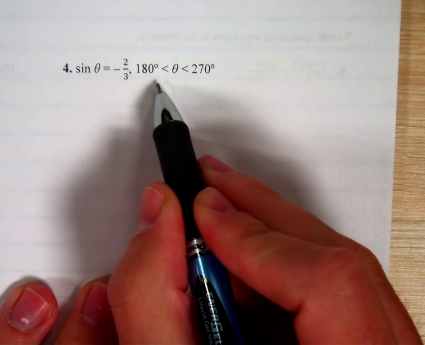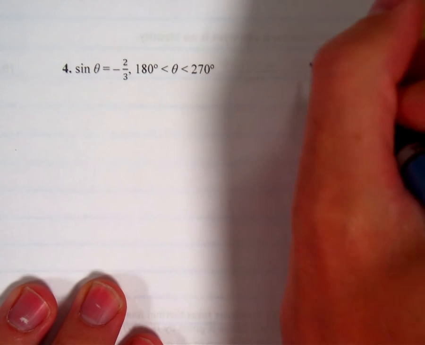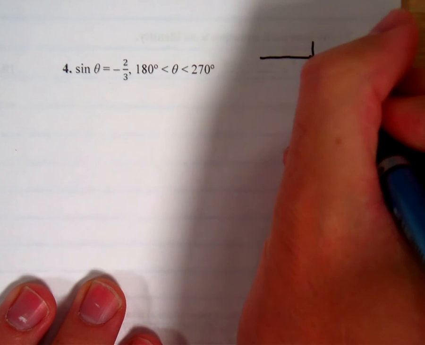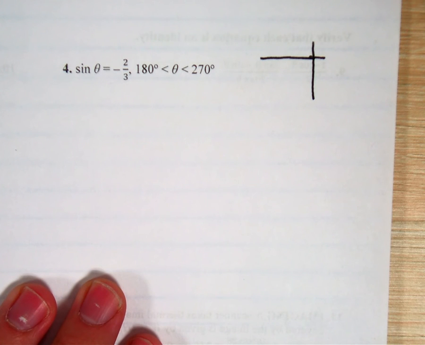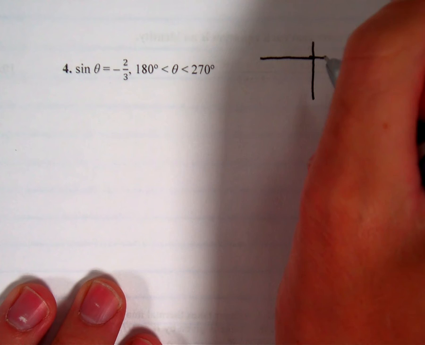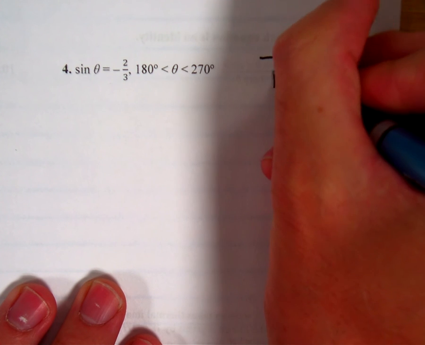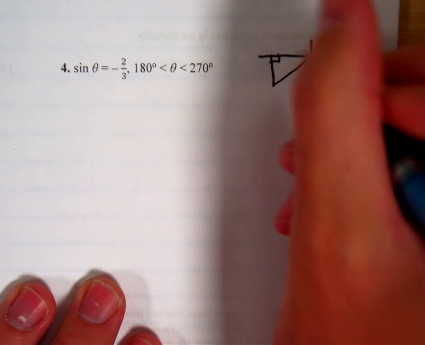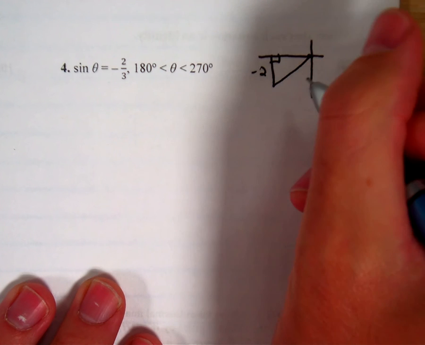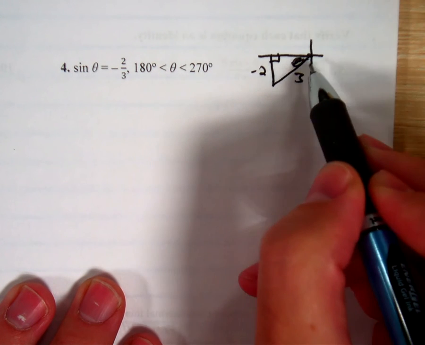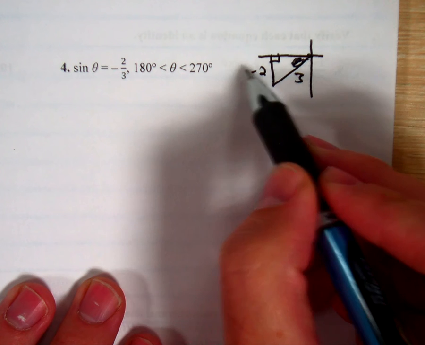Okay, we're in 180 to 270. That's quadrant 3. And our sine is negative 2/3. All right, so if we're in quadrant 3, sine is negative 2, hypotenuse was 3. Opposite over hypotenuse, negative 2/3.